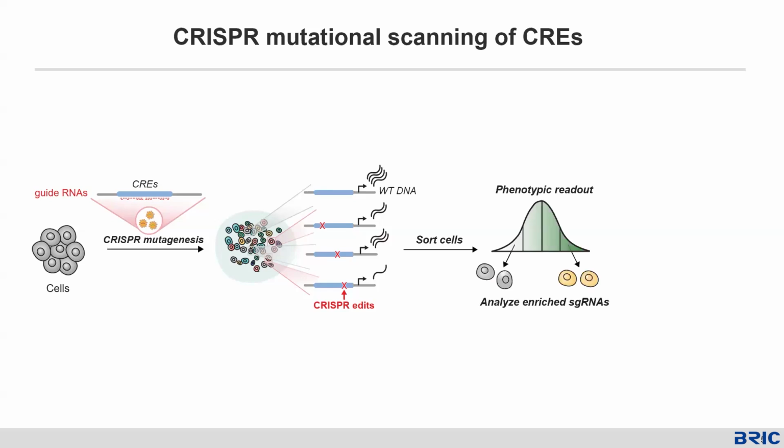Next, cells are sorted based on a phenotypic readout, and guide RNAs can be sequenced from each sorted cell population. From this data, we can link specific sequence perturbations on the targeted CRE to their functional effects.